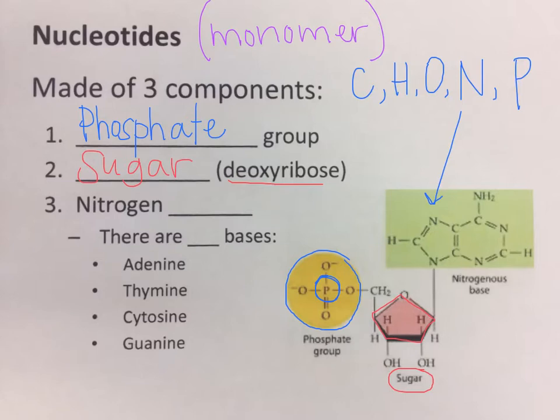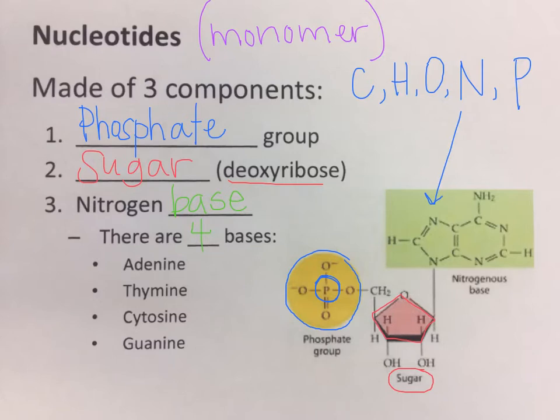The last part of a nucleotide is called the nitrogen base. Sorry, that's kind of light, but it's called the nitrogen base. And there are 4 bases in DNA. We have adenine, thymine, cytosine, and guanine.